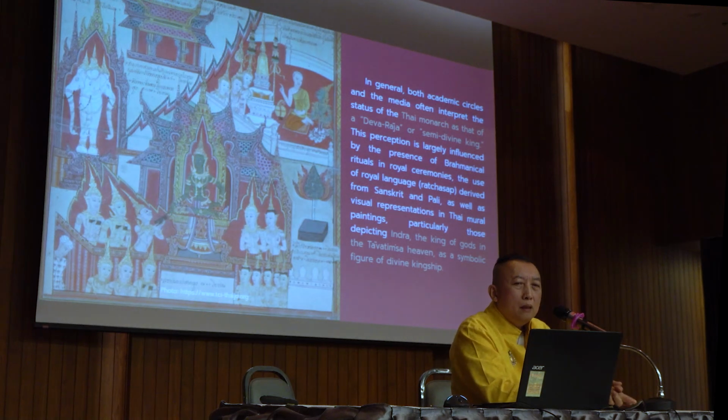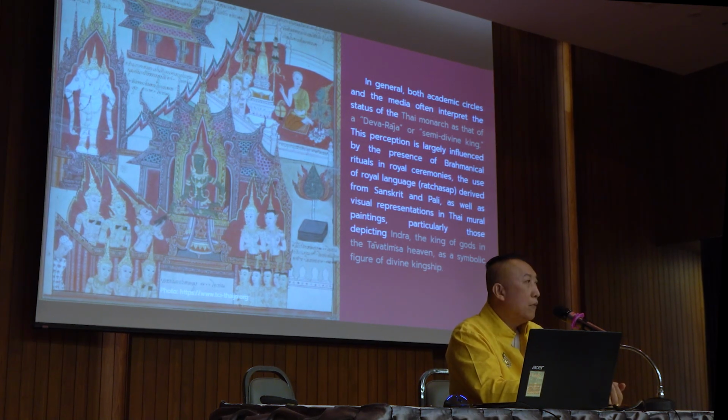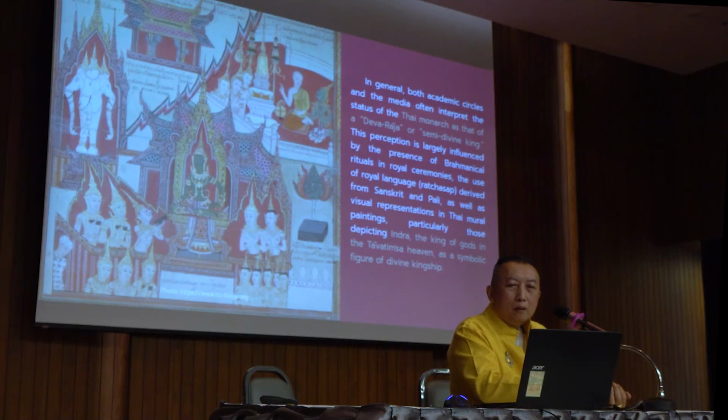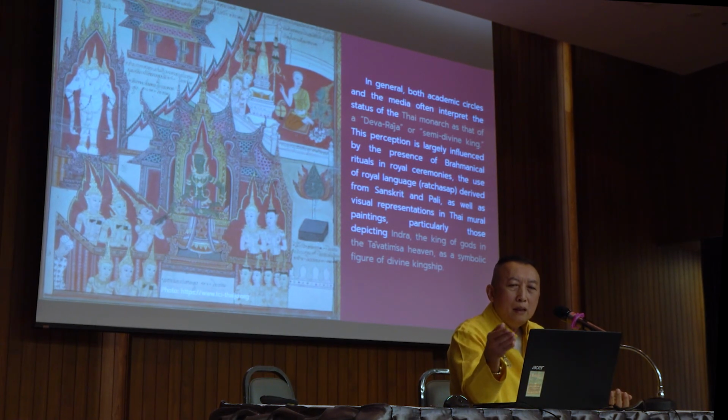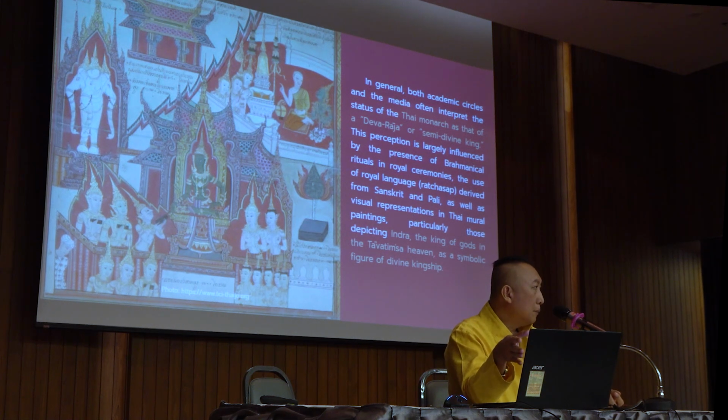But what is generally understood in Thai society about the state of the king, both in the media and in academic circles, is mainly the Devaraja, or semi-divine king, normally referring to Indra, the king of the gods, in Thai, as a symbolic figure of divine kingship.